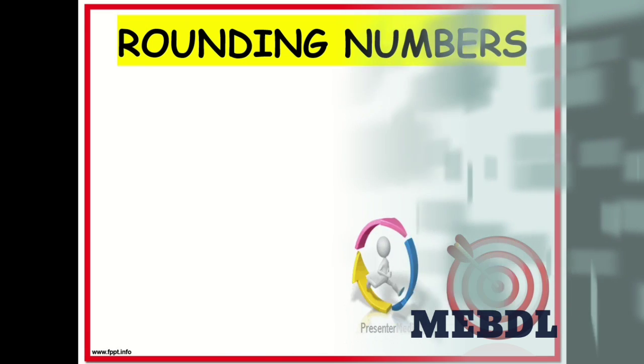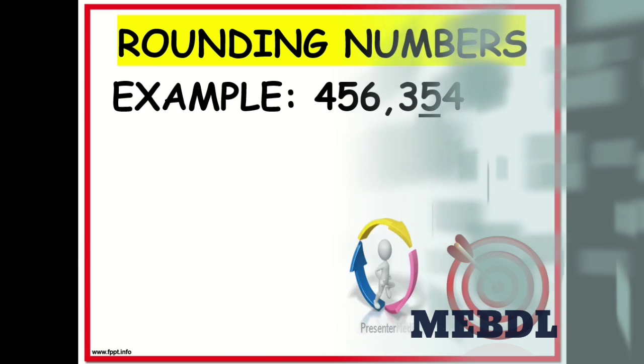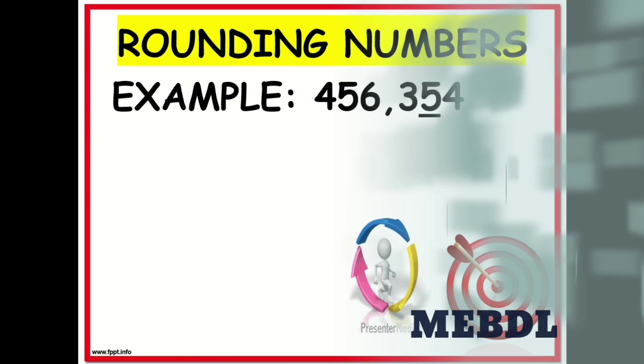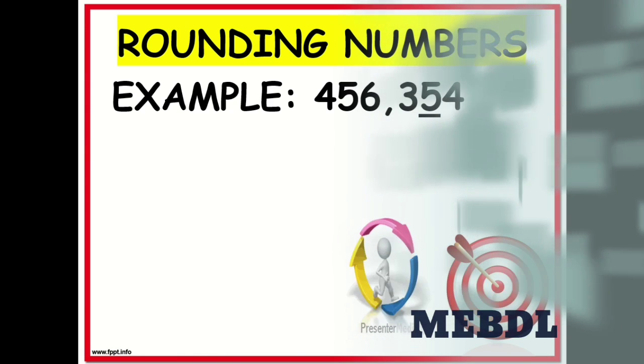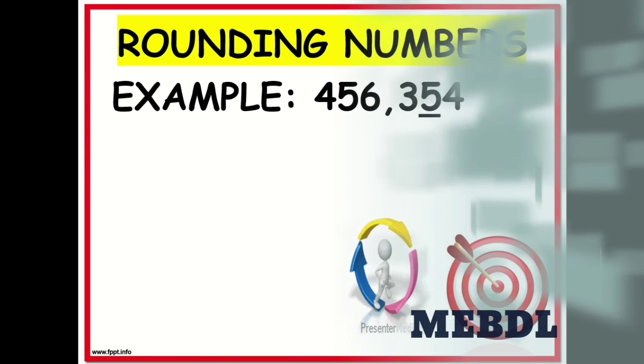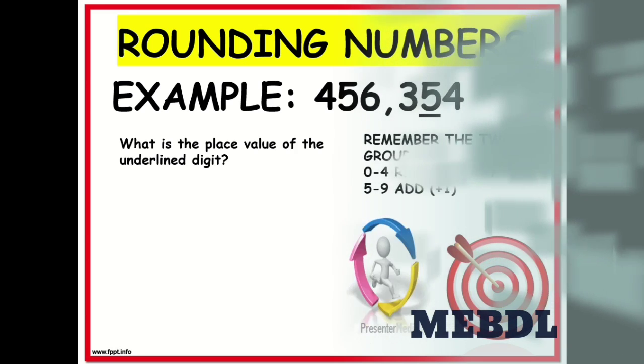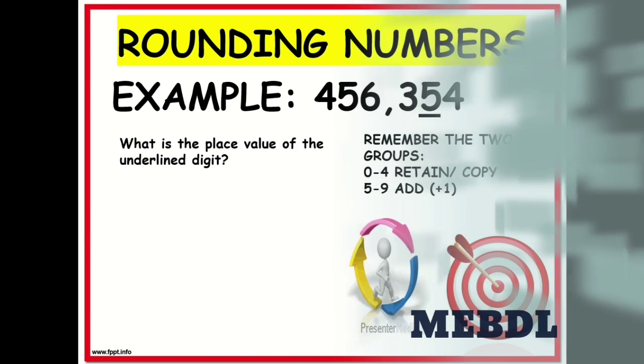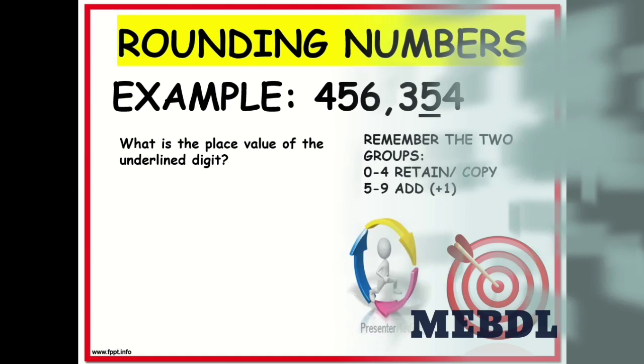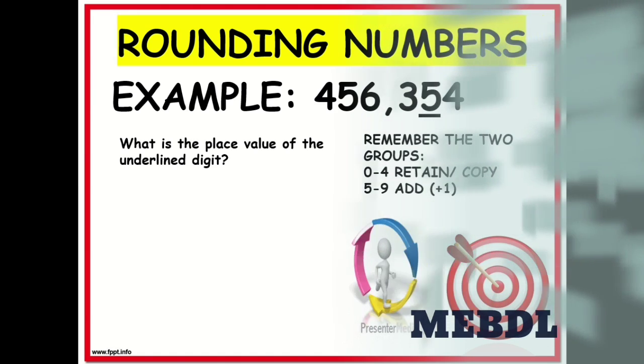Example number 2. 456,354. The underlying digit is 5. Again, remember the two groups in rounding numbers, 0 to 4 and 5 to 9.